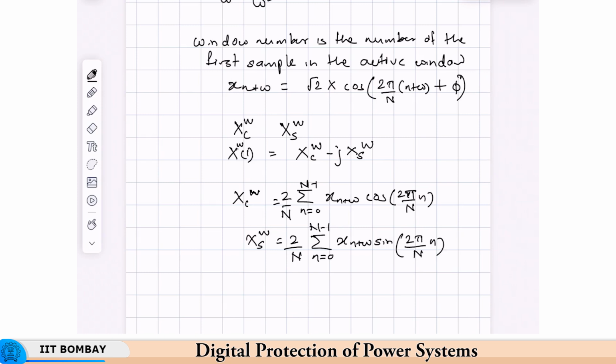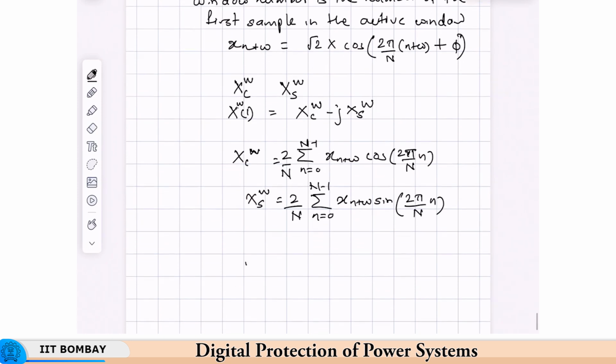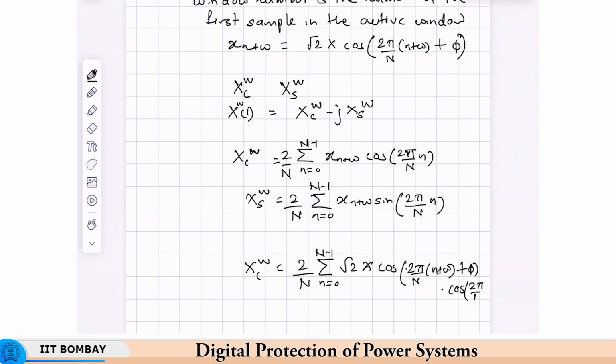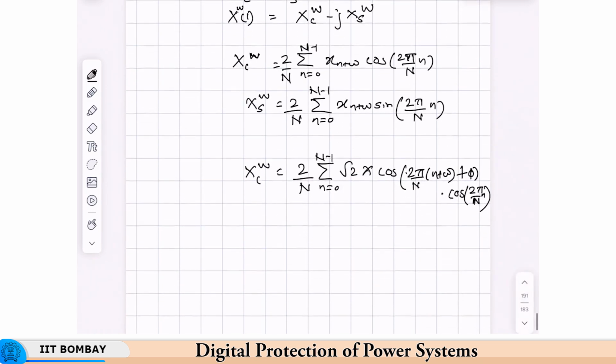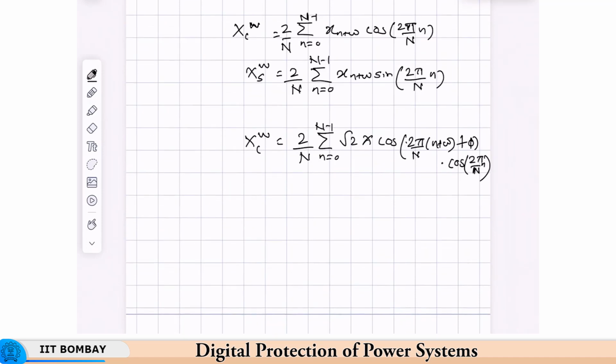Okay. Now, x n plus w we just calculated, so that will be root 2 x cos of 2 pi by n into n plus w plus phi into cos of 2 pi n by N. Okay. Now, if you notice here, we have a 2 pi n by N term. A minus b, a plus b will still be a double frequency term.